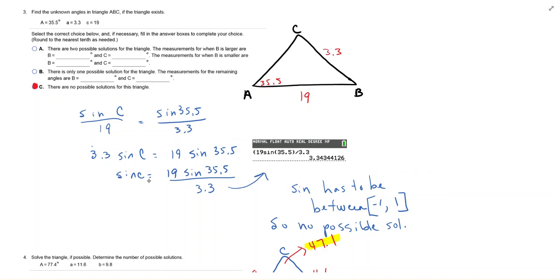And when you do that, you end up with sine C is 19 sine 35.5 divided by 3.3. And when you do that calculation, you get 3.34. Well, sine has to be between -1 and 1, so there's no possible solution for that. So that one just shows you another way to tell that you do not have a triangle, because you get a sine that's bigger than 1.